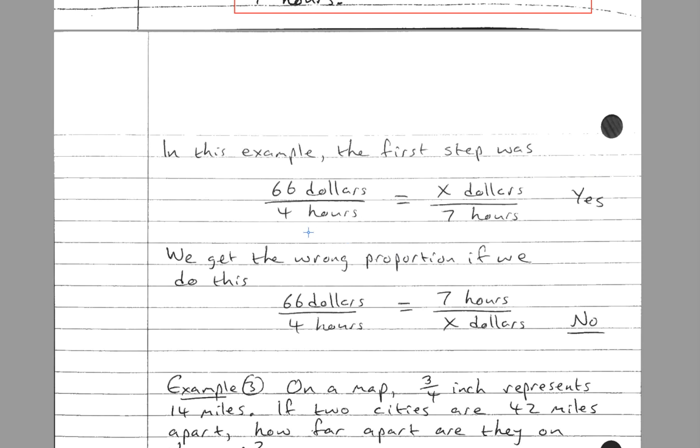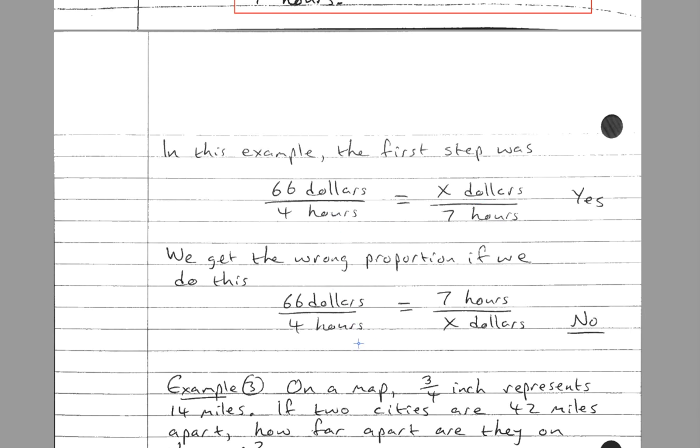And again, the key step for setting this up was to set the two rates to be equal. This person's getting paid the same rate each time, number of dollars per hour. So this is the correct way to set it up.